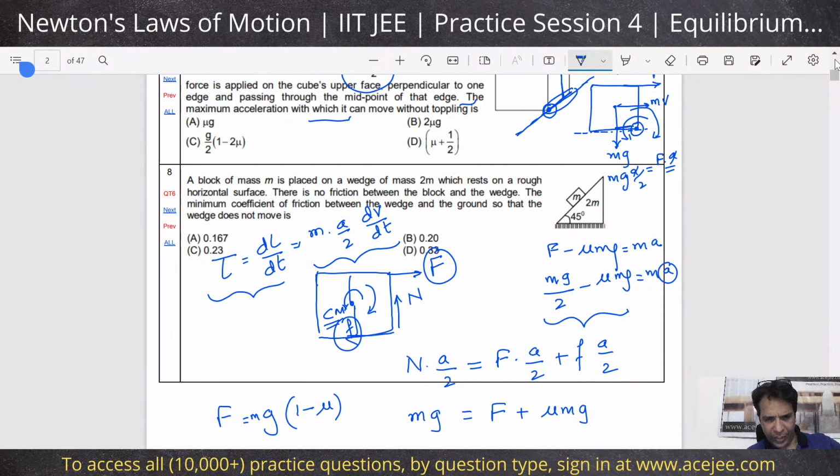So capital N is trying to rotate the other way around. So the capital N times a by 2 is going to try and rotate in the other direction. And you have F, which is mu mg, times 1 minus mu.